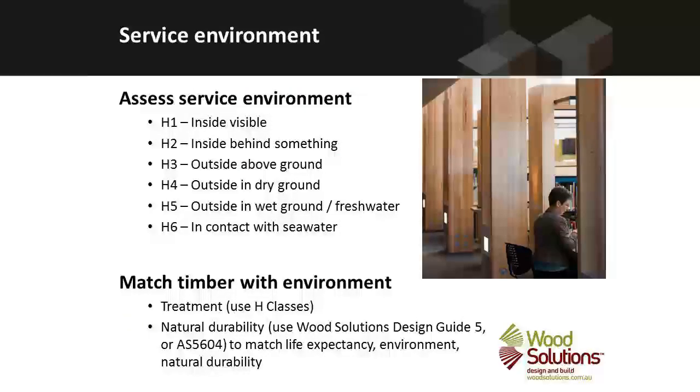Now, service environment. We can assess the service environment using this table. Inside, where it's clearly visible and can be regularly inspected, that is the lowest level of exposure to risk. That is service environment H1. If it's behind panelling so that we can't inspect it, that's service environment H2.